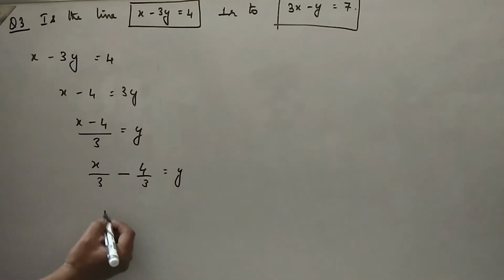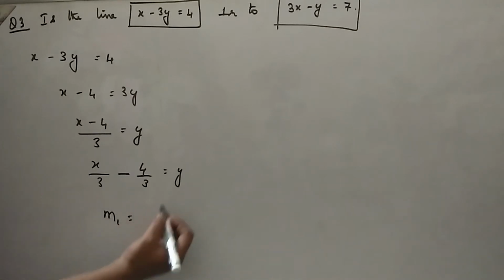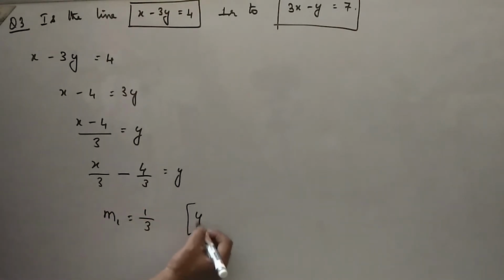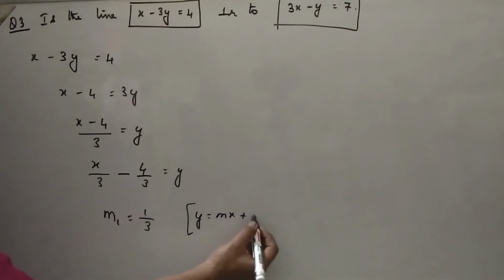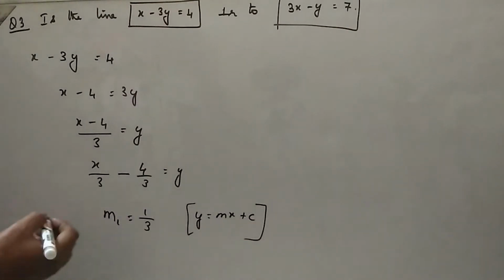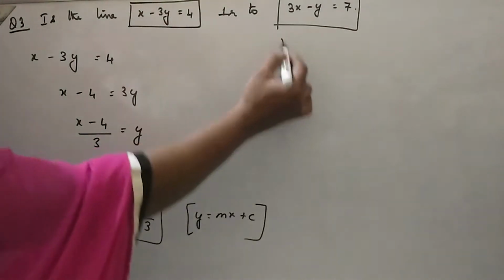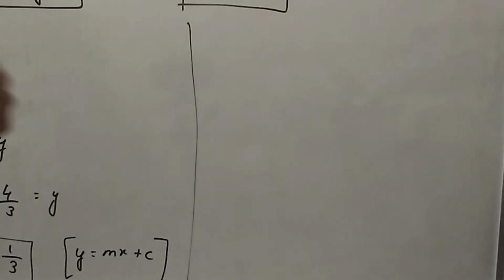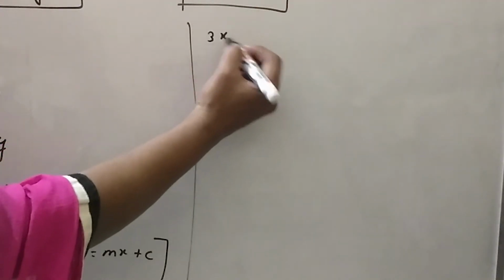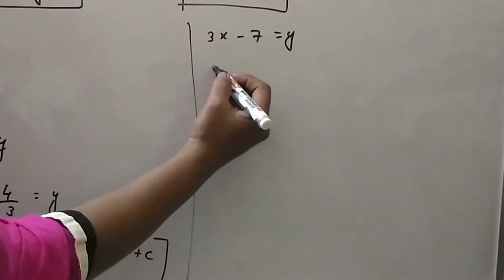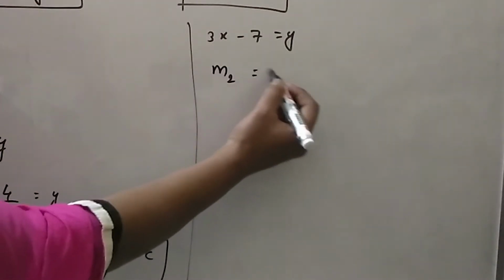Now slope m1 is equal to 1 upon 3 because we are comparing this with y is equal to mx plus c. So you got m1. Next we have to take the second equation. y is equal to 3x minus 7. Okay, so slope m2 is 3.